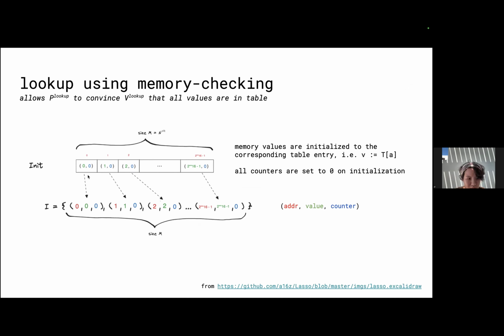So your read-only memory has values from 0 to 2 to the 16 minus 1, and these values are just equivalent to their address in the memory. So this is a boring example. And you initialize all the counters to 0. The counters count the number of reads and writes, and since this is read-only, it just counts the number of reads.